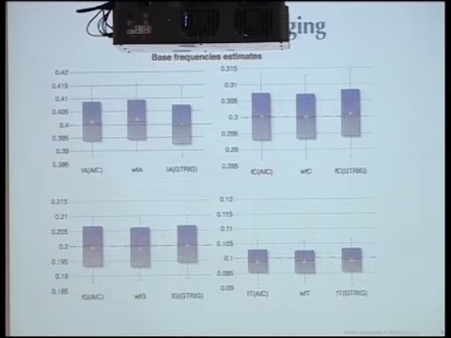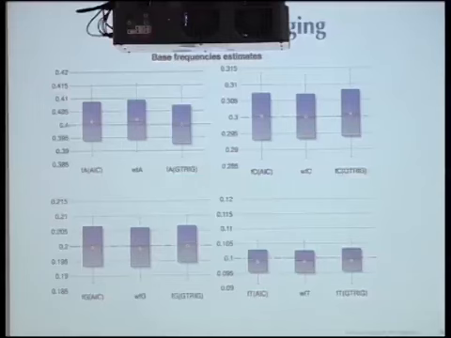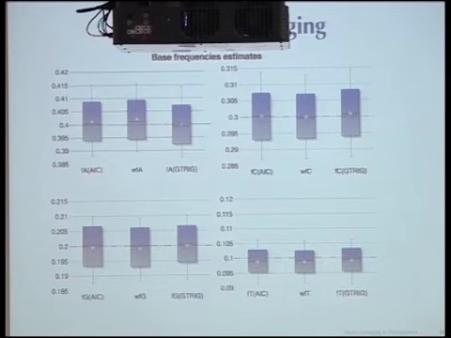How about parameter estimates with model averaging? This is the estimate of the frequency of A with the best fit AIC model. This is the model average with 56 models. That's the average estimate. And this is the estimate with the true model, the generating model. The red line is the true value. Well, we get the same, with slight variations. But again, there is not much gain estimating parameters. Just using the best fit model gives us the right value.